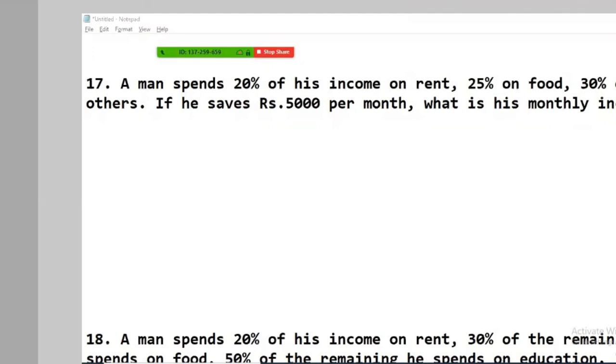I hope you're done with your answer. A man spends 20% of income on rent. Let's say his income is 100%.